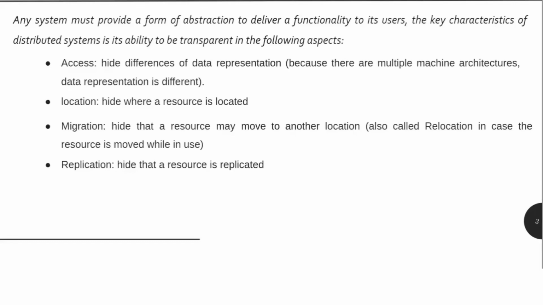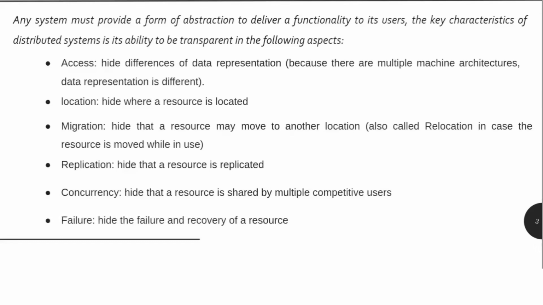We hide that a resource is replicated or could be replicated. And concurrency transparency, hide that a resource is shared by multiple competitive users. And failure transparency, we hide the failure and recovery of some resource.